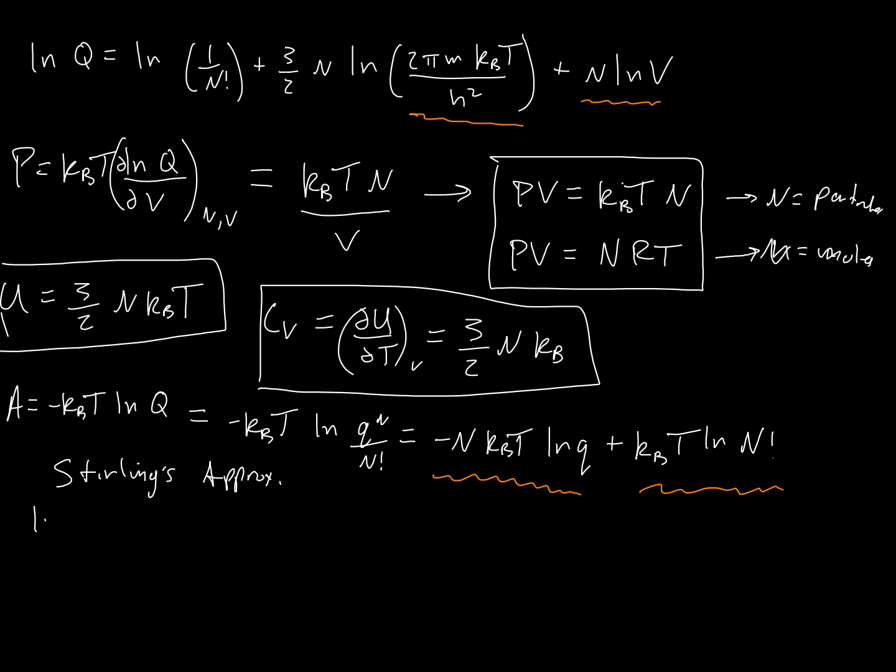Stirling's approximation is typically written like this, rather approximate. But using log properties, we can write it slightly differently. Whereas natural log of e is just 1.